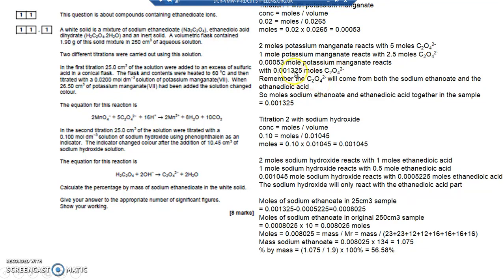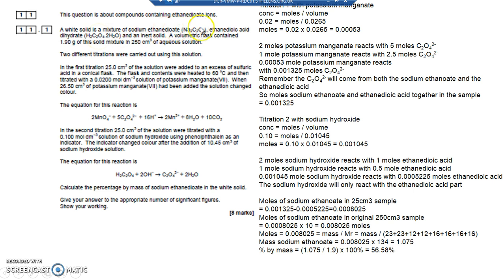So where does the ethanedioate come from? Well, I've said it comes from sodium ethanedioate and it comes from the ethanedioic acid dihydrate. It comes from both of these. So the sodium ethanedioate and the ethanedioic acid together in the sample are that number of moles, because they make the ethanedioate ions between them.